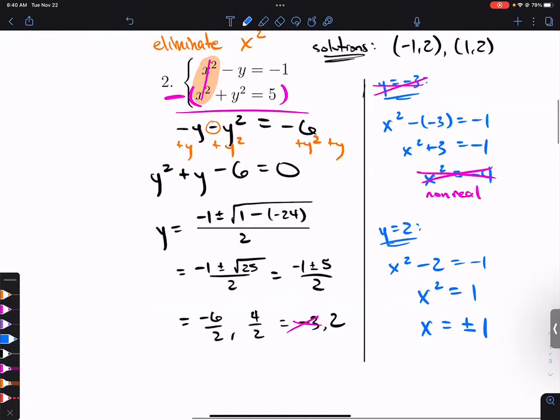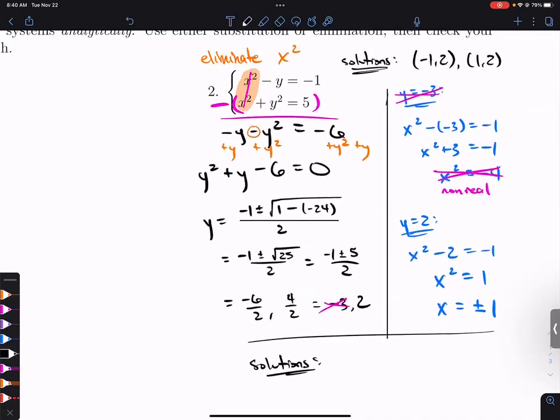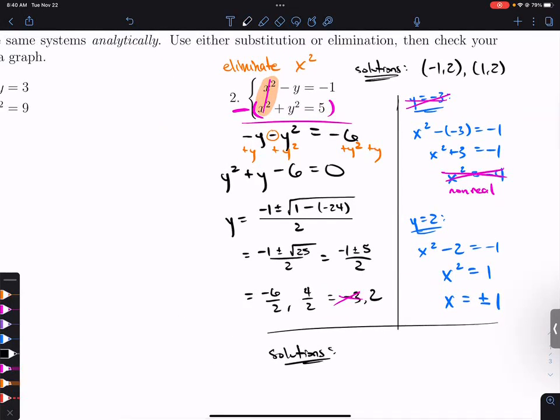Well, if x is plus or minus 1, the solutions I get from that are positive 1 goes with 2 and negative 1 goes with 2. So 1, 2, and negative 1, 2. Y equals 2, x is positive 1 or negative 1. That's 2 points.